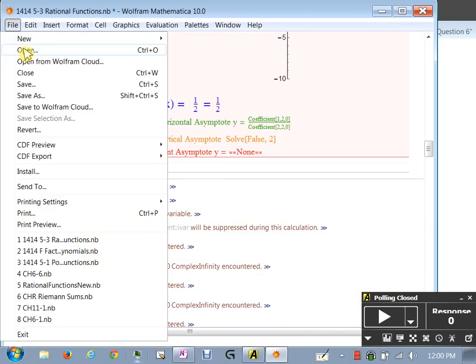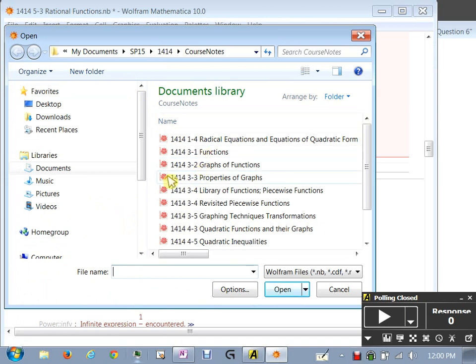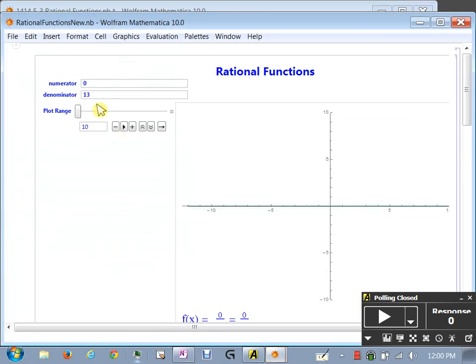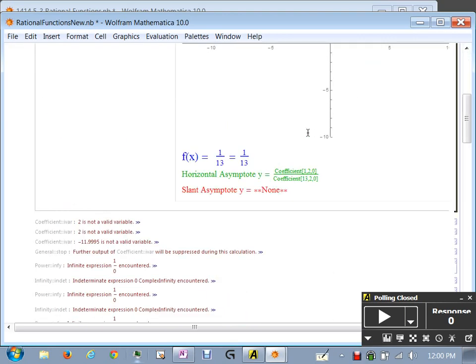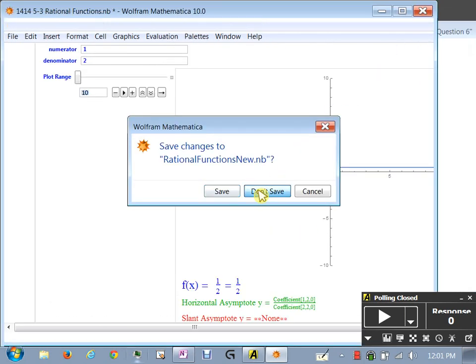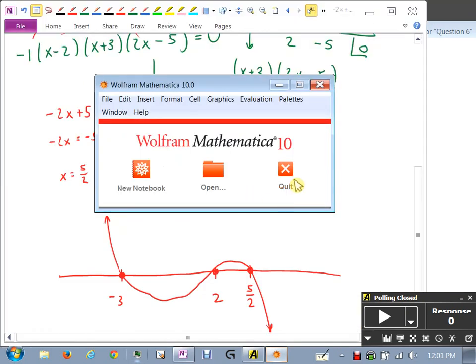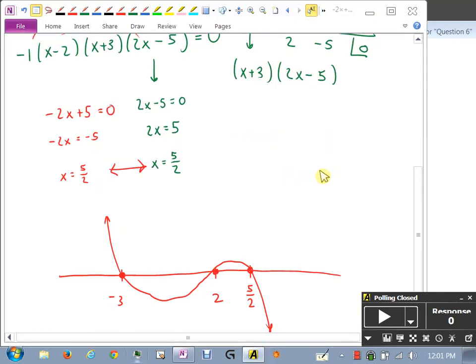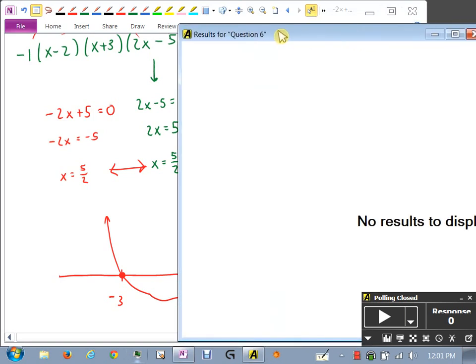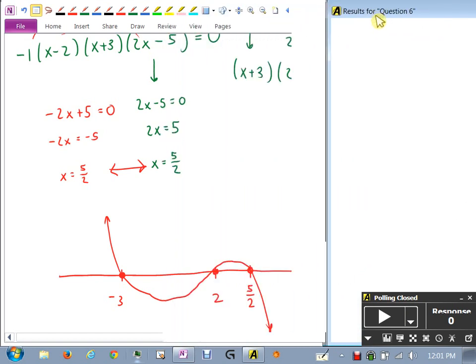I have a backup. I don't know what's going on. Hold on. Let me close out the program. One over x? No, if it's a number, it's just going to be a constant function. We don't want that. I'll get it. No worries.